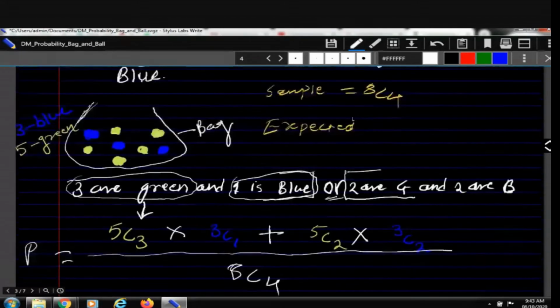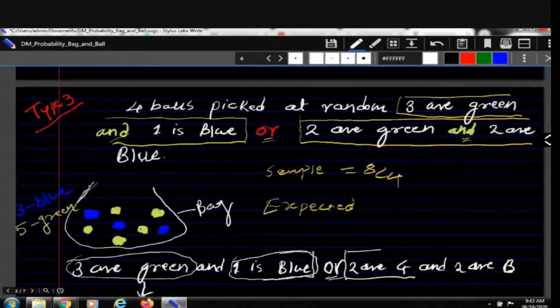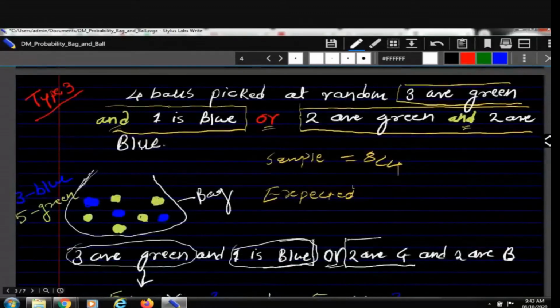If you read the problem correctly, then it is not at all difficult to solve. If you read it only once, you may find it somewhat confusing: four balls are picked at random, three are green and one is blue, or two are green and two are blue. So next time, try to divide the problem. Three are green and one is blue is one statement. Two are green and two are blue is another statement. Then divide each again: three are green, and the next substatement is one is blue; two are green, two are blue.